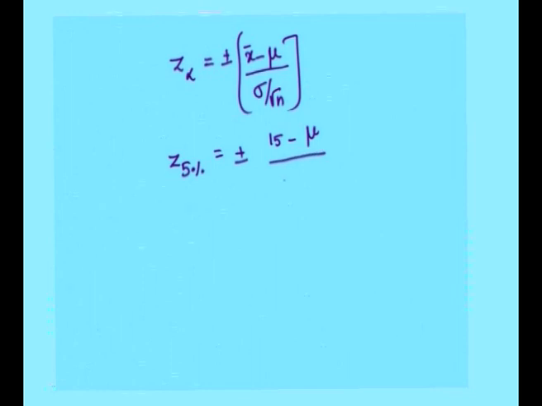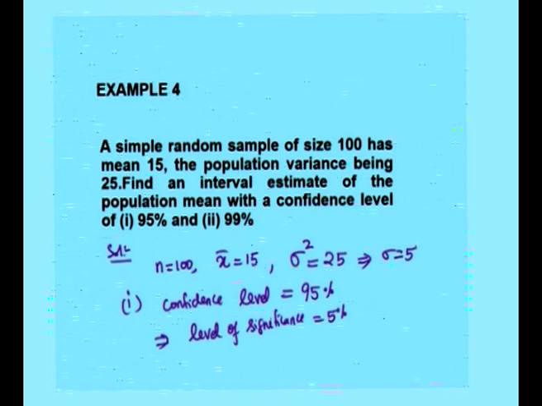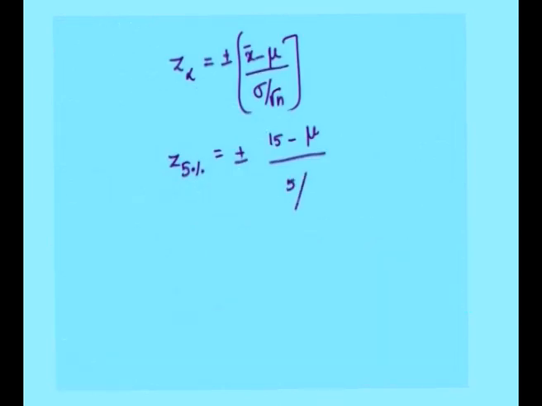So, mu is kept as it is, and sigma square is 25 implies sigma is equal to 5, root of 25, 5 divided by root of n is 100. Okay. And Z at 5% from the tables is 1.96 is equal to plus or minus 15 minus mu divided by 5 by root 100. Root 100 is 10, 5 by 10. 5 by 10 is also 1 by 2, just cross multiply this value.